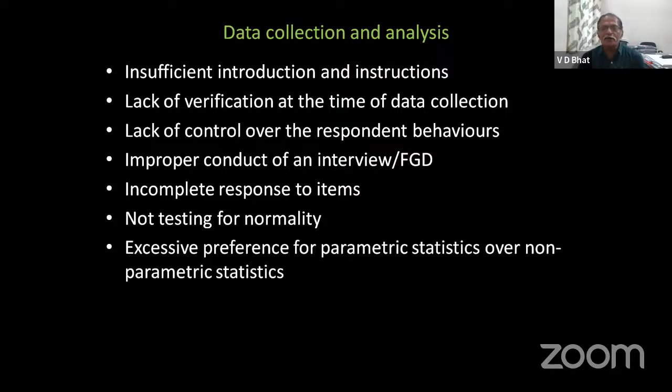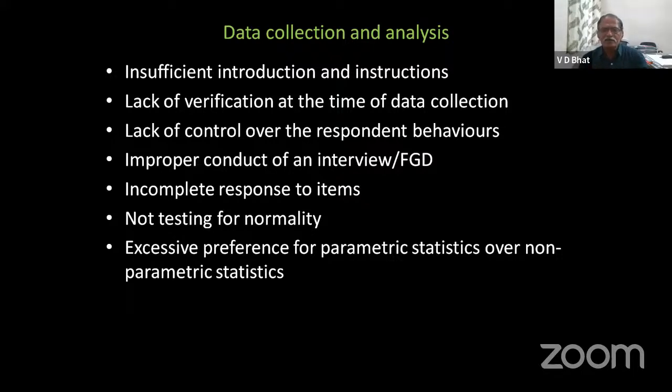Excessive preference for parametric statistics over non-parametric statistics. You hardly find non-parametric alternatives. If the t-test is not possible, then what is my alternative? My alternative is the Mann-Whitney U test, which is a non-parametric test that does not assume normality. It can be done on any kind of sample. That is my better alternative.